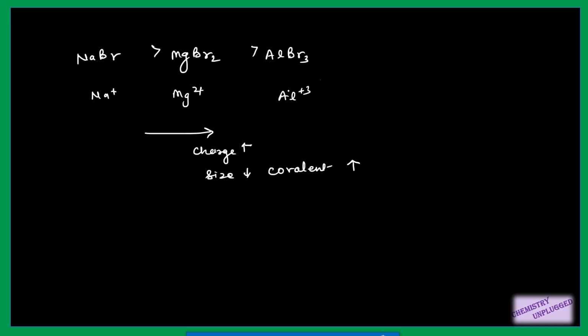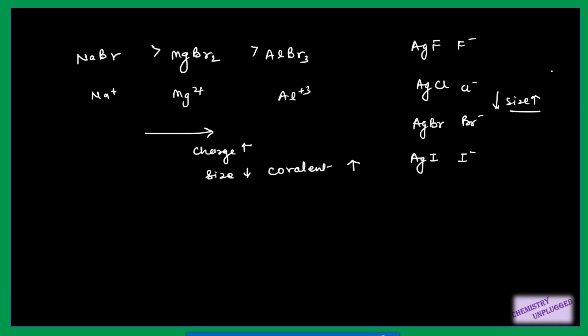Another thing is they can ask you a question like this: you have salts of silver halides and they are asking about the solubility of these silver halides in water. So the cation is the same, and the anion is F minus, Cl minus, Br minus and I minus. As we are going from up to down, the size of the anion increases, and the covalent character increases because the charge is the same.